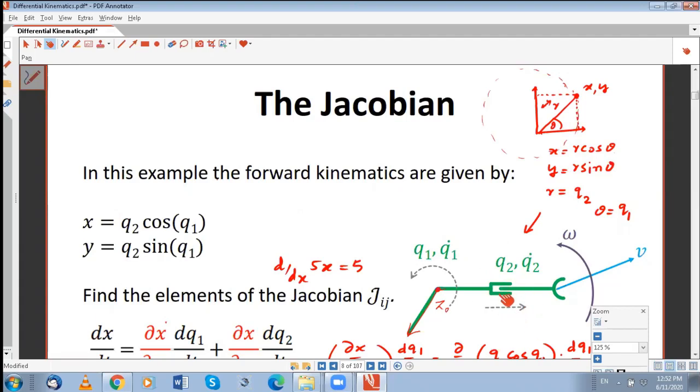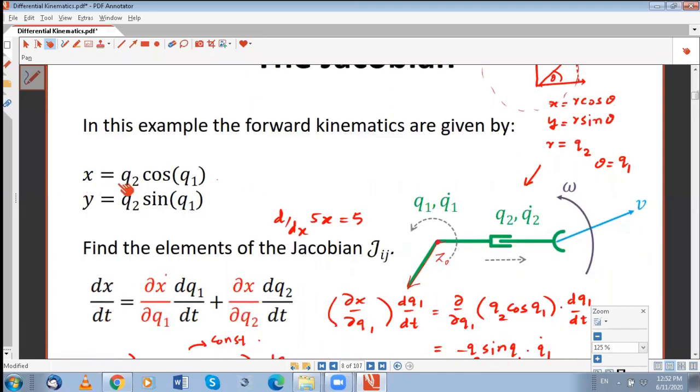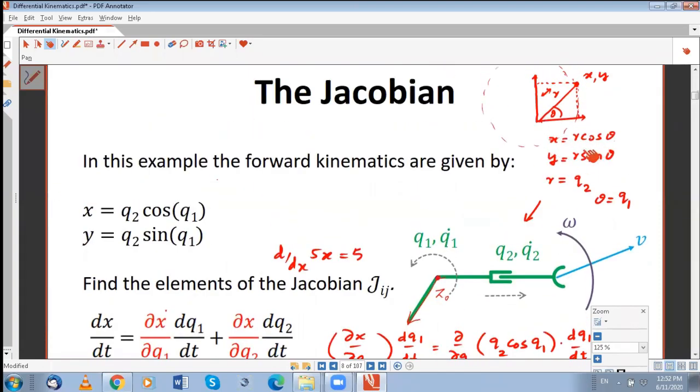In this case, instead of r, we have q2, the joint variable of joint 2, and instead of theta, we have q1. So x is q2 cos q1, y is q2 sin q1, and z is 0. There is no change in position of the end effector along z naught.